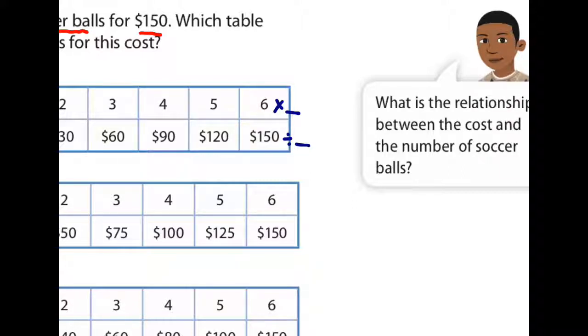So to figure that out, I'm just going to divide 150 by 6. So 150 divided by 6, and yes, you could use a calculator, is 25, right? So here's what that means. That means the relationship between 6 and 150 is 6 times 25 is 150.